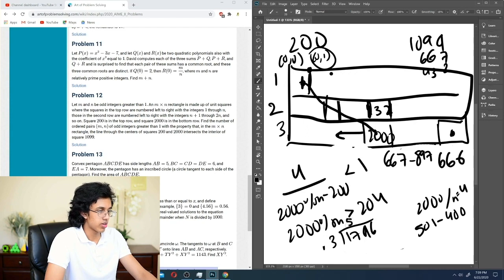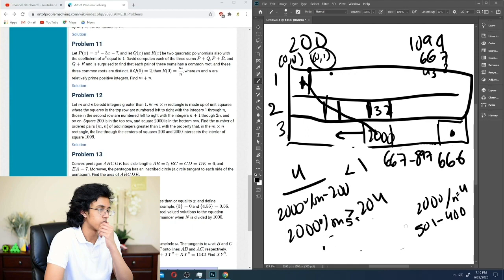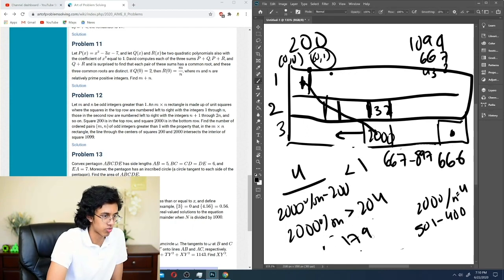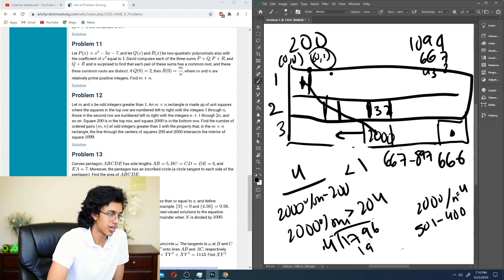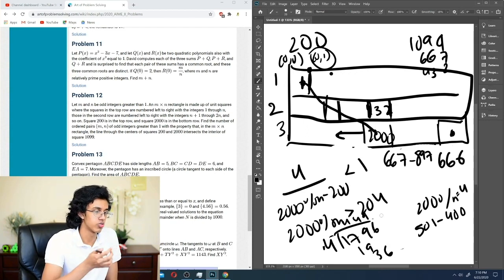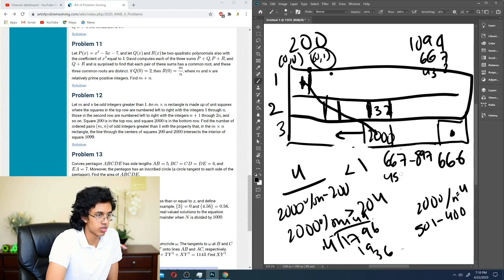Oh, maybe I had to divide by 4. Okay, so 1796 over 4. Okay, that makes a lot more sense. So that's 449. So basically 449 is not going to work, so we got to do 451 to 501.